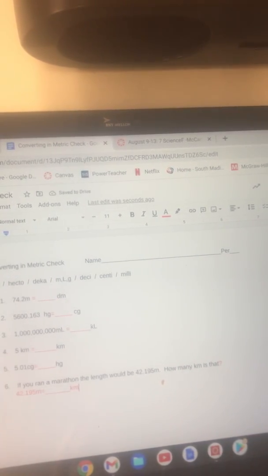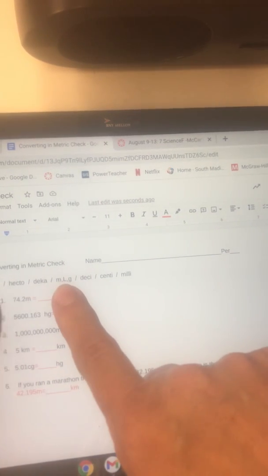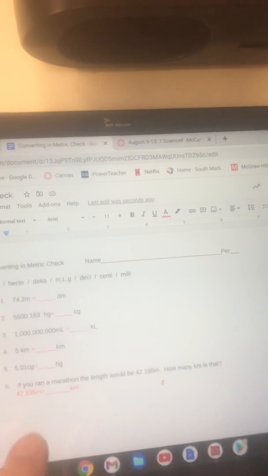And then you can do it just like the ones at the top. Meters to kilometers. Well, meters is here, kilometers is here. That's 1, 2, 3. So you're going to take this decimal point and you're going to move it 3 times, which you'd have to add a 0 in the front. So it would be 0.042195. So hopefully that'll help you do the homework tonight.